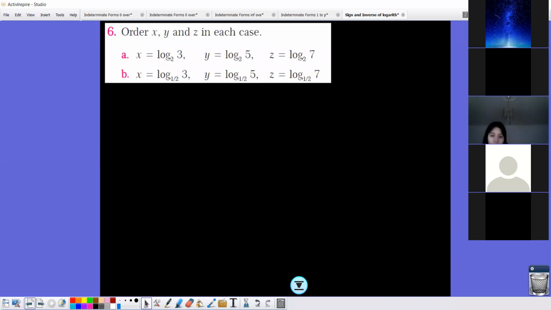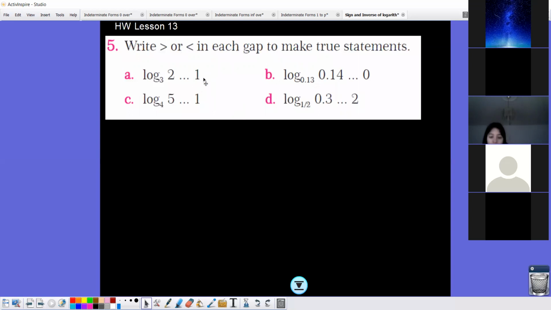You know what we can do here, because we didn't talk about 1 or 2, we talked about 0. So, for example, according to the givens that we had in the first part of the lesson, logarithm of 2 to the base 3 will be less than 0 or greater than 0. Check the bases.